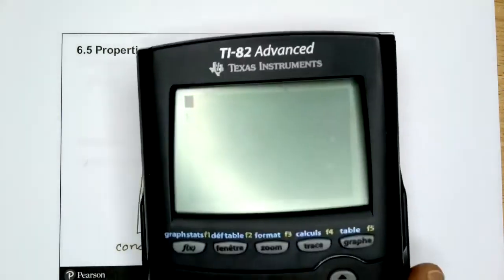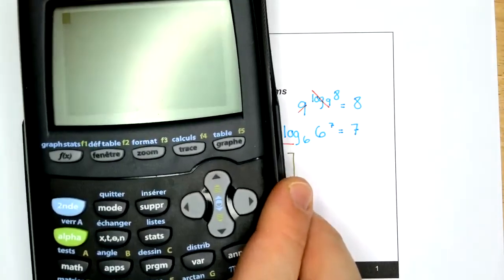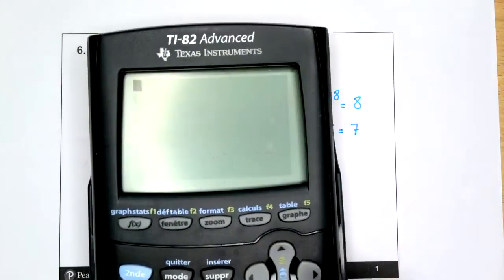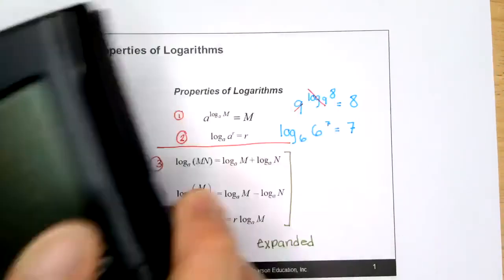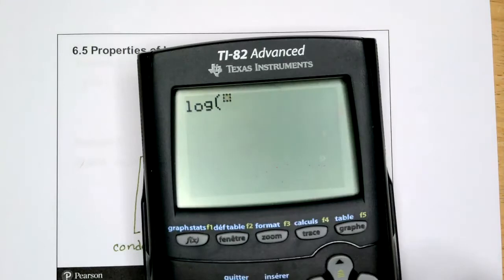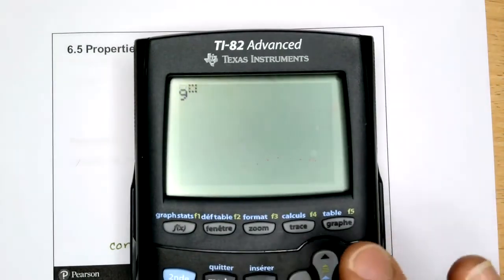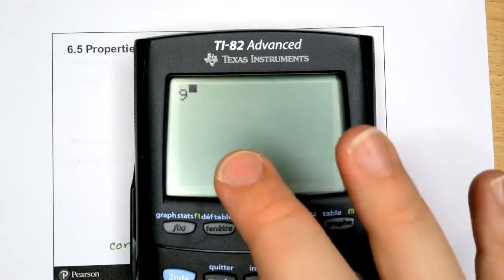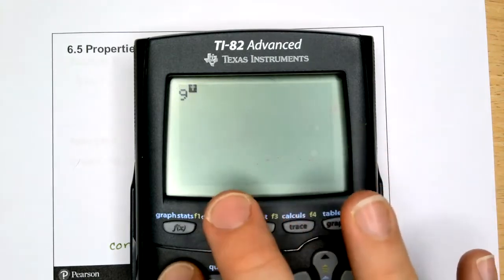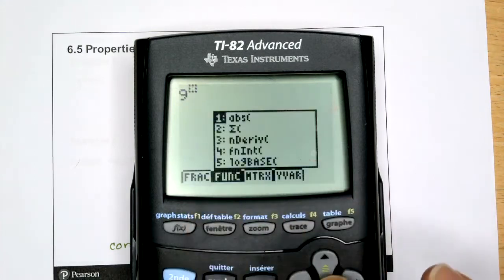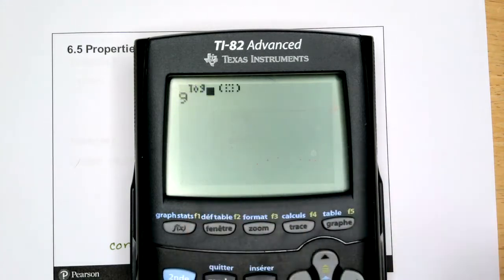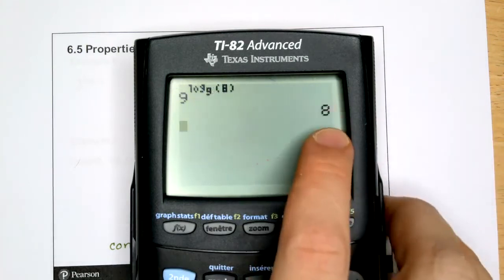Okay. And where's my calculator? I could show these examples. So we have 9 to the power of log base 9 of 8. Log base 9 of 8, or of anything, will give you that number.